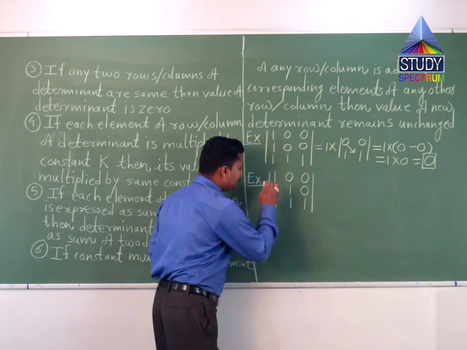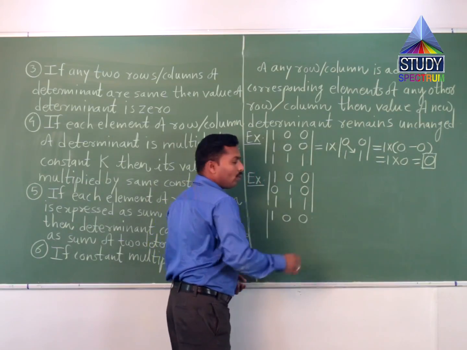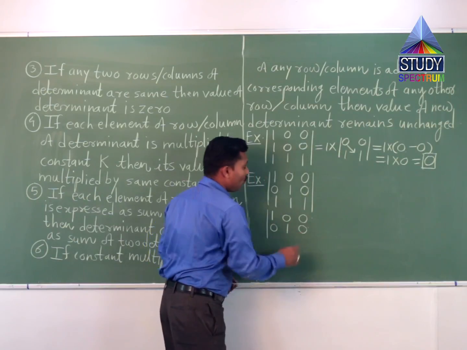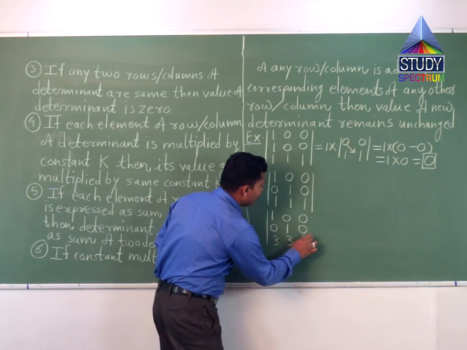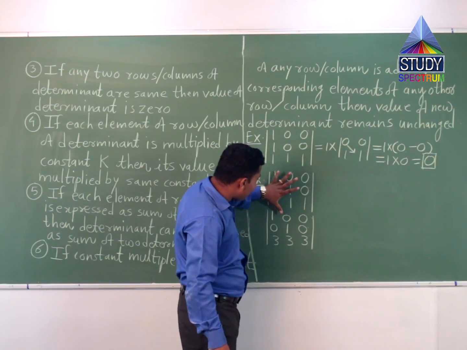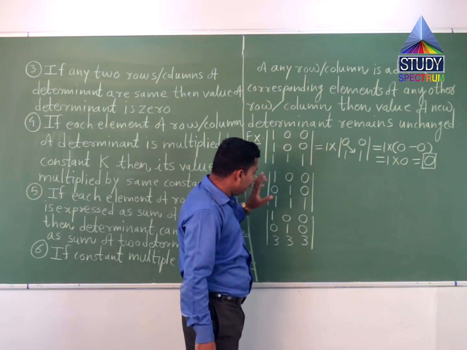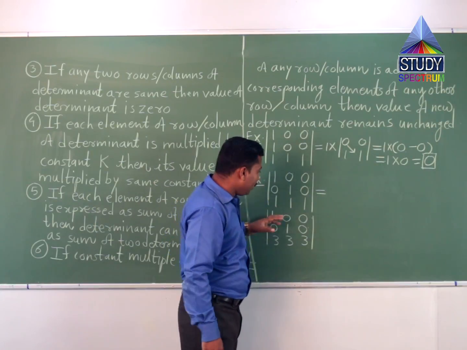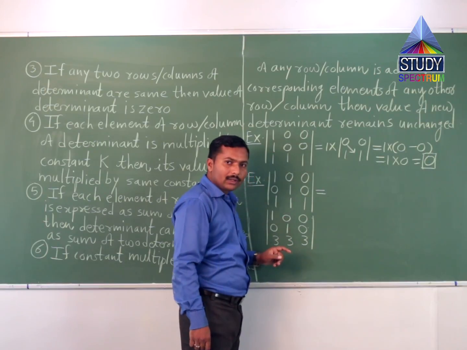So what happened? What is the determinant? 1 0 0, 0 1 0, and the third row 3 3 3. So in this determinant, the third row is multiplied by 3 compared to the first determinant. So is the value of the determinant also multiplied by 3?